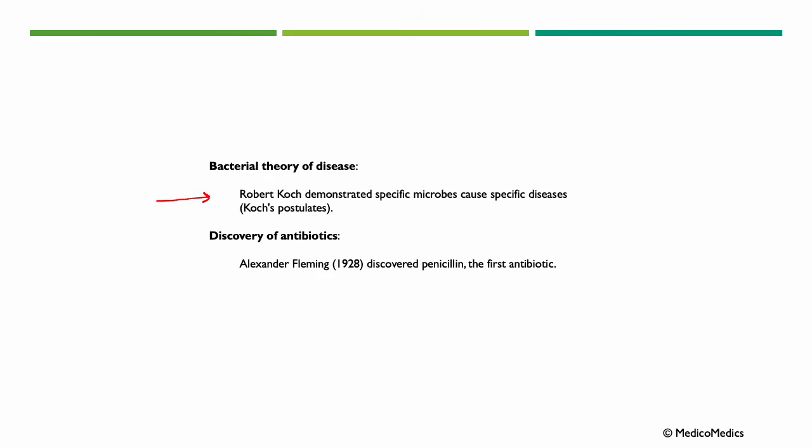So Robert Koch demonstrated specific microbes causing specific diseases, known as his postulates. And then we had the discovery of antibiotics, famously Alexander Fleming in 1928 discovered penicillin, the first antibiotic.